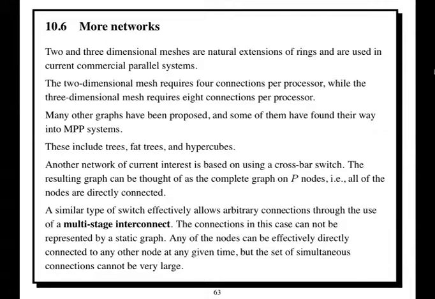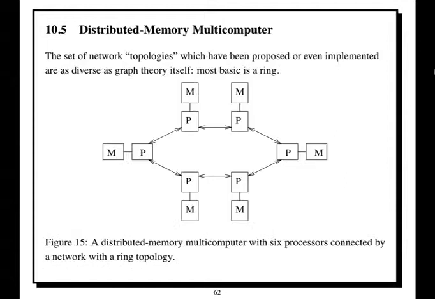Okay, so a little bit of the history here. You know, it's all about the networks in those architectures. So people came up with 2- and 3-dimensional meshes, and other graphs were proposed. I should say this is a simple ring topology. That's essentially the simplest I know of.